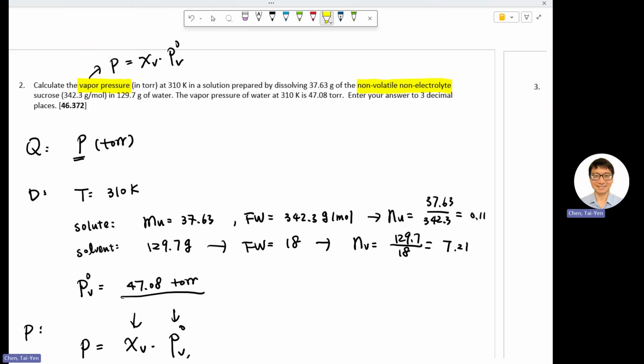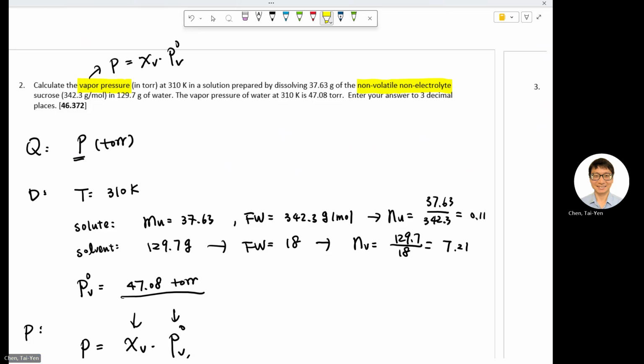But if your solute is volatile, then it will also contribute to the vapor pressure. But what we talk about here is the simple case. Non-volatile means that your solute is not going to produce any vapor pressure by itself. Therefore, all the vapor pressure will come from your solvent, which is water. So that's why I have the word non-volatile over there.